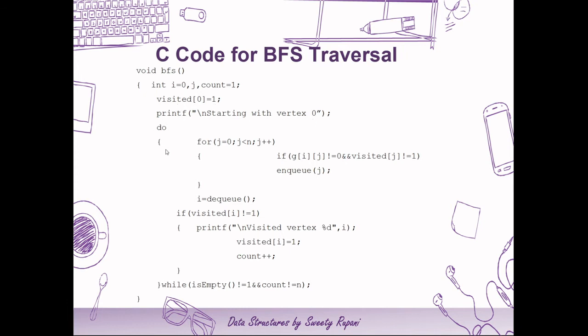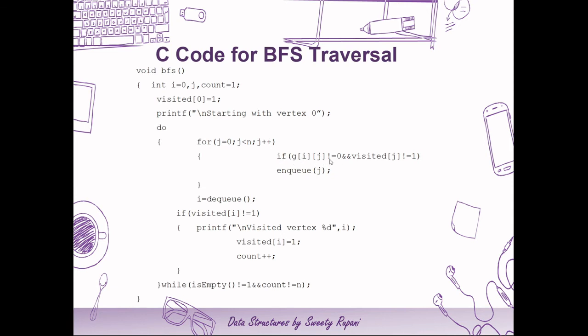This is just for printing purposes. Followed by this, the for loop, j equal to 0 to j less than n, j plus plus, will iterate over a particular row i, which is my current vertex, whose adjacent nodes are required to be checked. For each of these columns, I will check if it has a connection with i. If yes, it means that it will have a value 1.